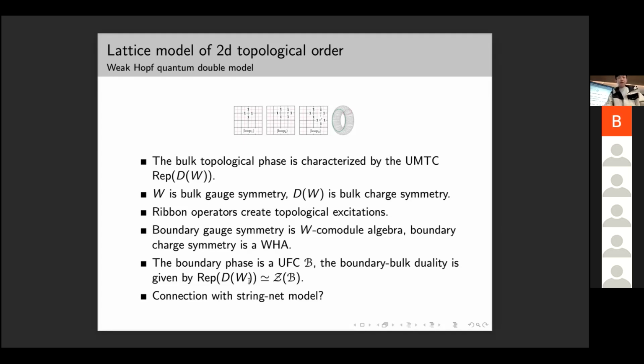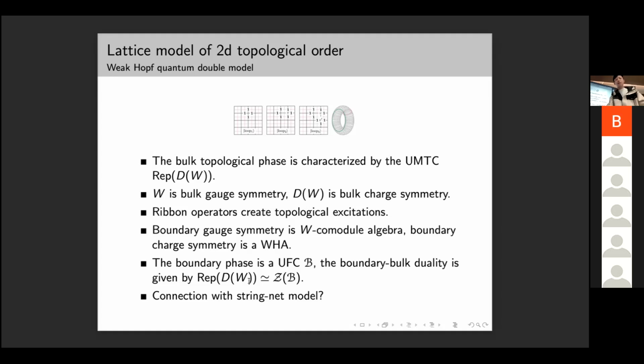So there is a natural question about what is the connection, because we know that for the finite group case, the input data is the finite group, then it's equivalent to the string model with UFC as input, a fusion category, the representation category of this finite group. So we can naturally ask what is the relation between this quantum double model and the string model.